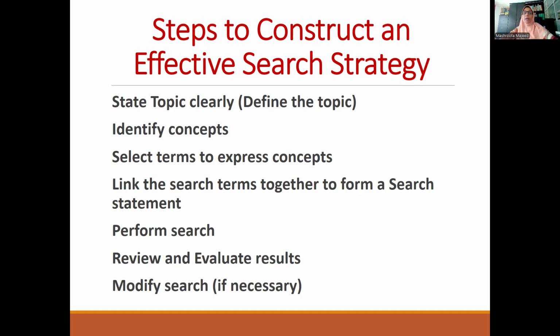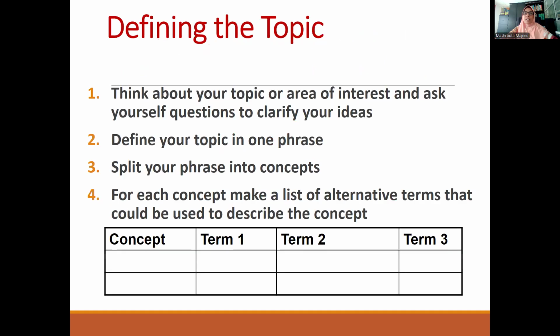Take a sheet of paper and write your topic clearly. Then select the concepts or the keywords. Then link the search terms together to form a search statement. Then perform the search, review and evaluate the results. And if the results are not satisfactory, you may modify the search.